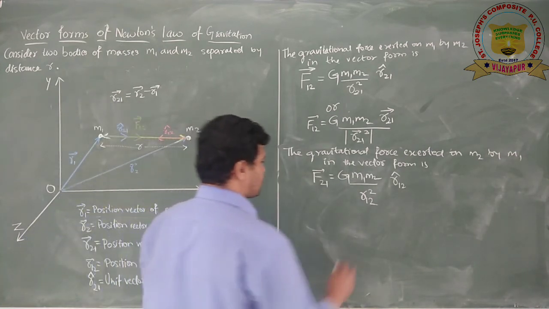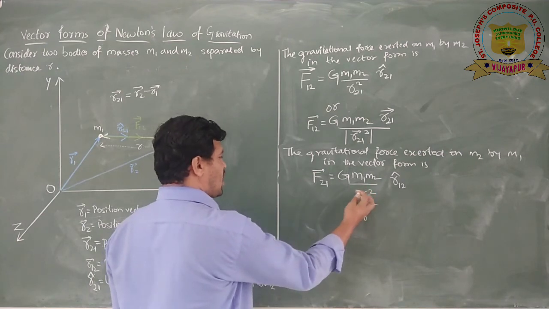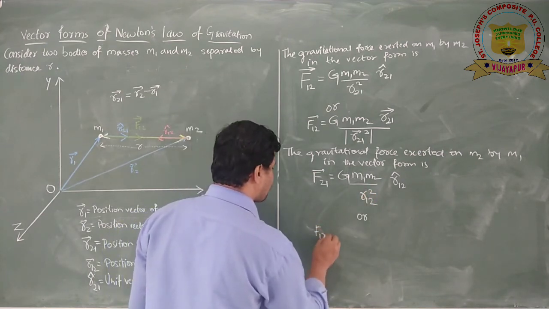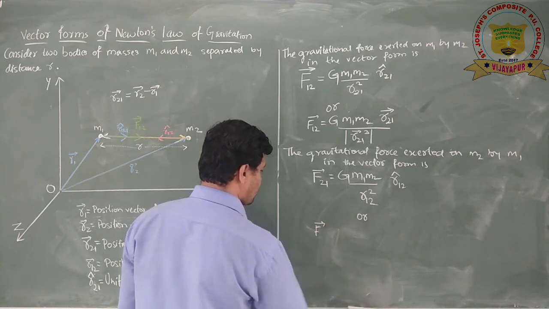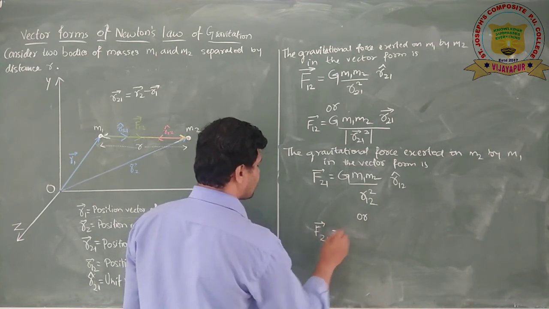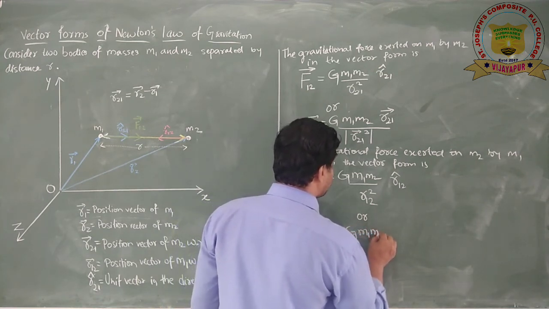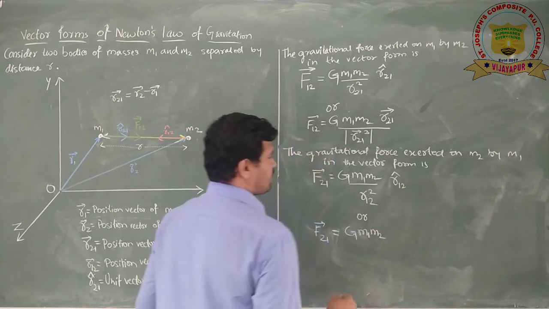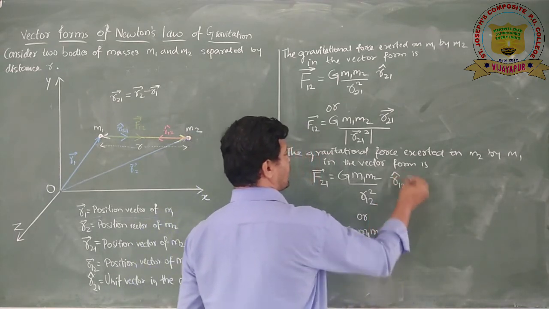And if you want to represent this vector form in terms of the position vector R12, then F21 is equal to G m1 into m2, and this time I am multiplying the magnitude R12 with the unit vector.